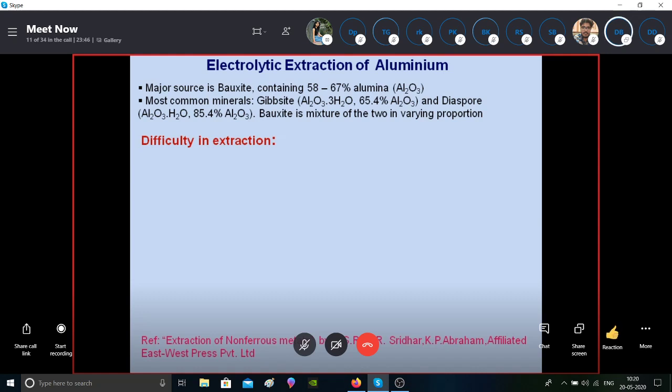The way we can treat iron oxide, why can't we treat aluminium oxide? That is Fe2O3, here also we are talking about Al2O3. So why can't we really adopt the same technique that we use for extraction of a metal like iron?